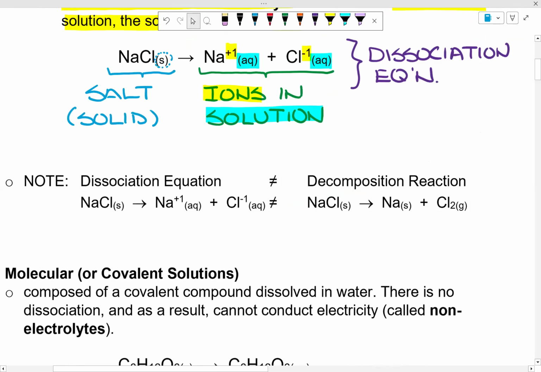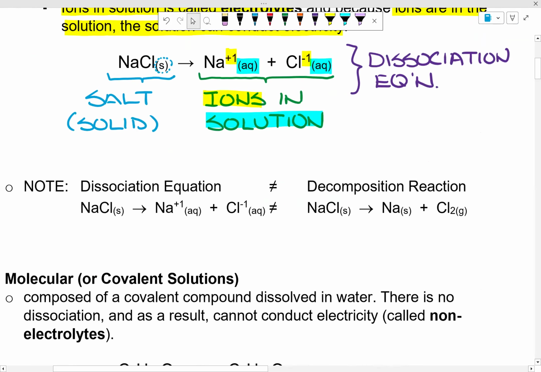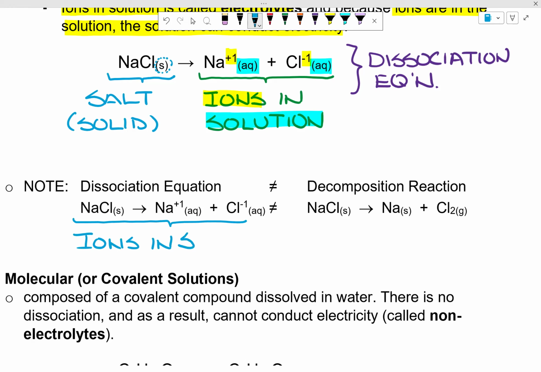One thing I would like to highlight right here is to make sure you know the difference between a dissociation equation and a decomposition reaction. They look the same, but they are actually quite different. For a dissociation equation, the result is that you get ions in solution.